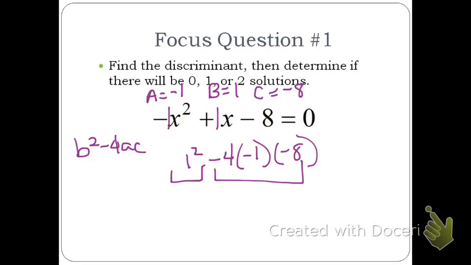Exponents, then multiplication, before I add or subtract. 1 squared is just 1. Negative 4 times negative 1 is positive 4. Positive 4 times negative 8 equals a negative 32.